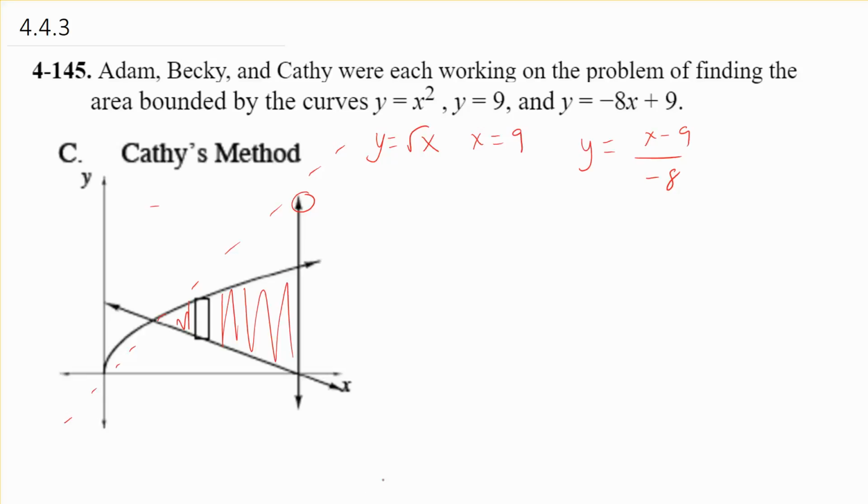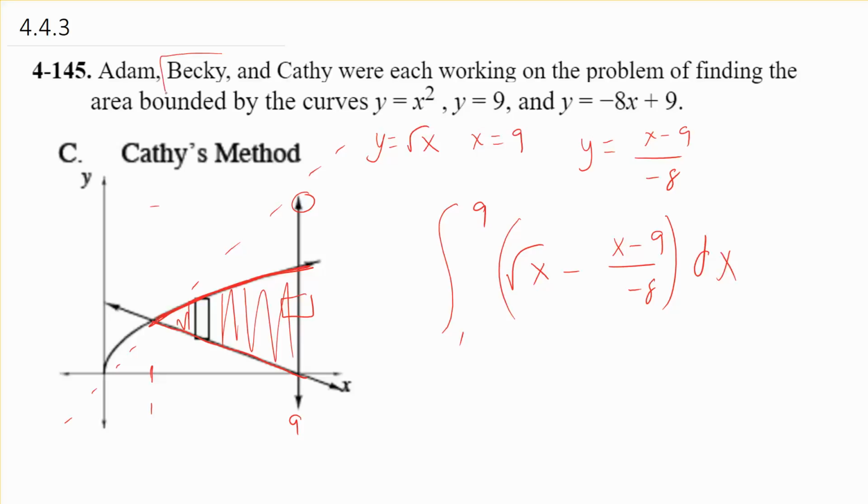So now, this is convenient because, again, we've only got one top curve and one bottom curve. We just stop at 9. So our integral from 1 to 9 of top curve minus bottom curve.